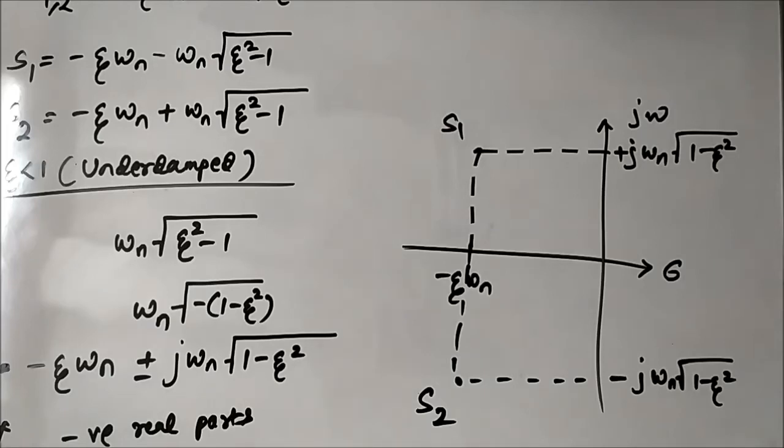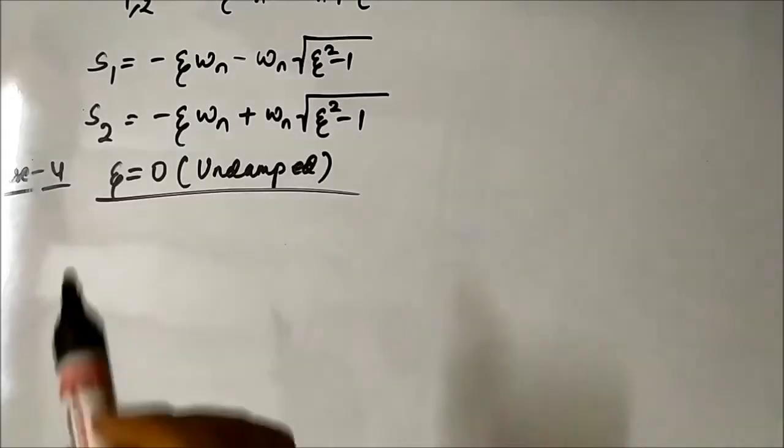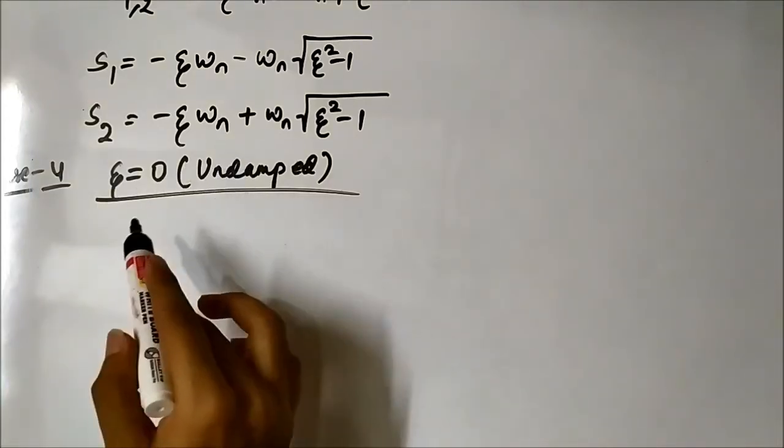Now the only case remaining is the undamped case where zeta is equal to 0. Let us discuss the fourth and final case.